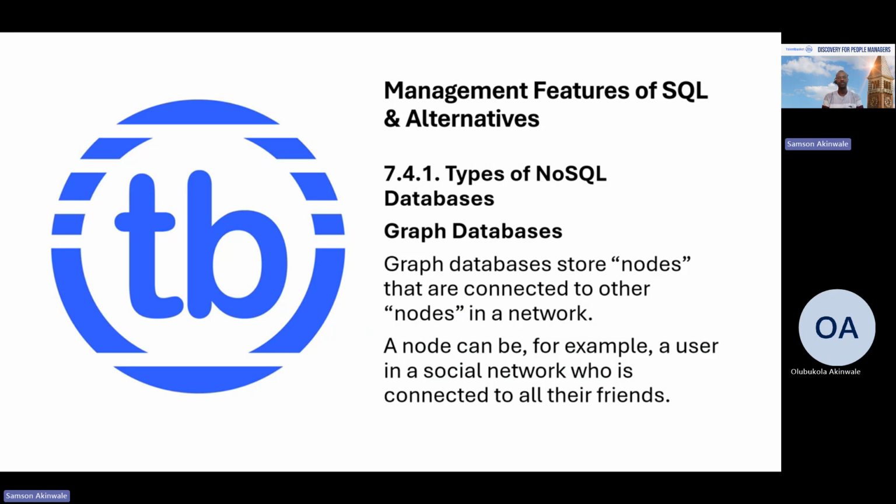Graph databases use nodes, and the nodes are connected to each other, just like in the form of a community or a network, and it looks more like a graph representation. All these are things that are not possible to be handled by a relational database, because you cannot draw a shape as a node in circular form for a relational database.